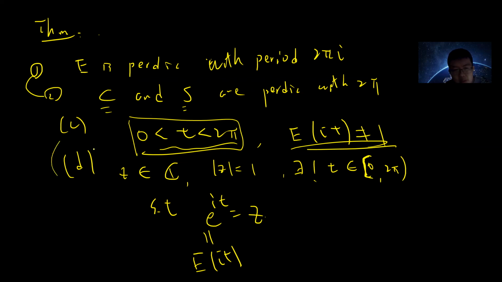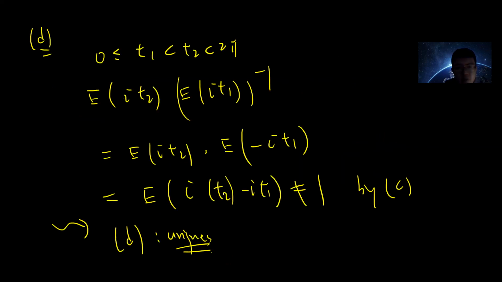So if t exists, then it must be unique. Okay, so we still need the existence.